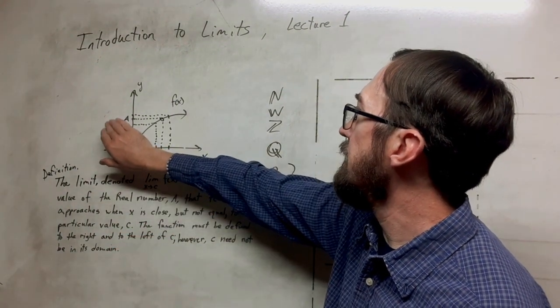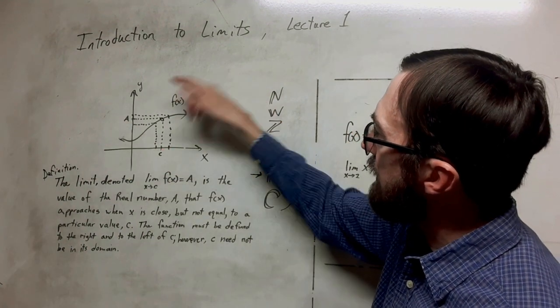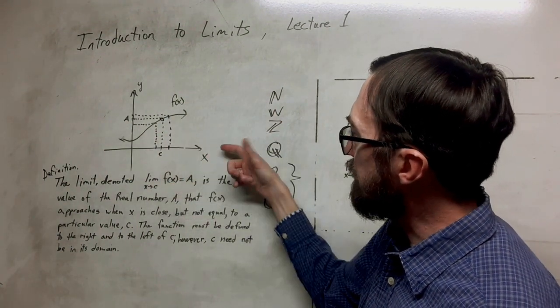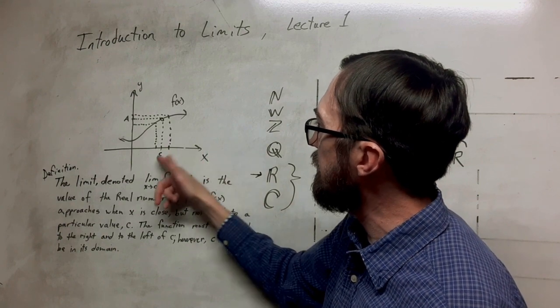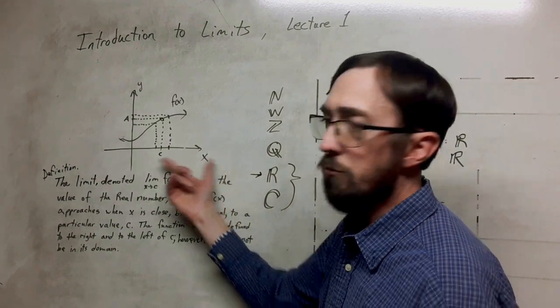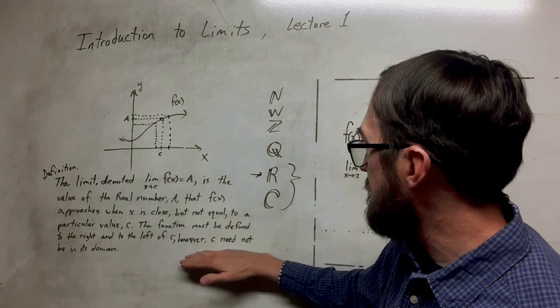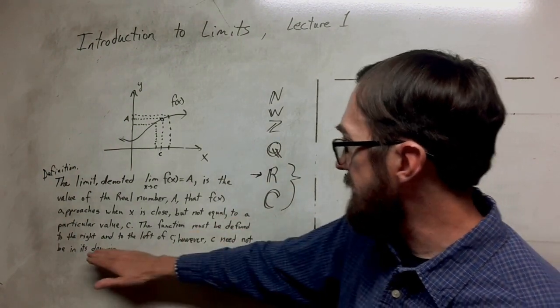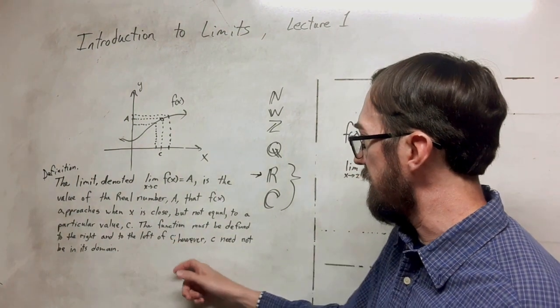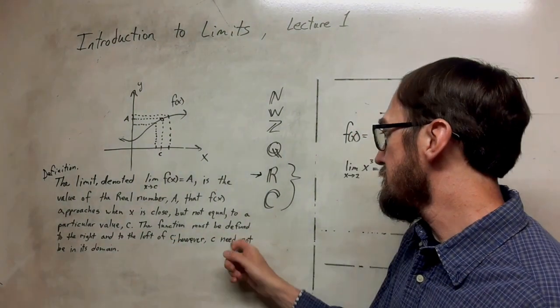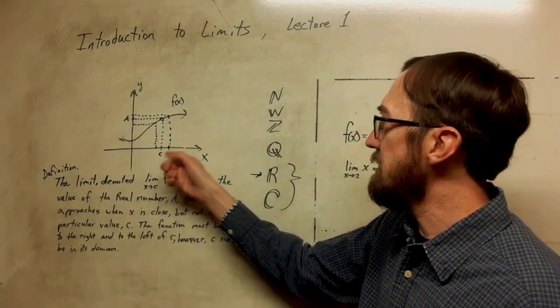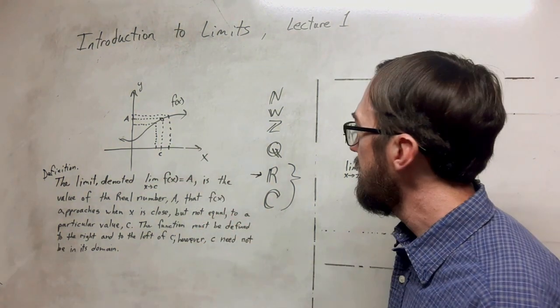This is my value a, which is the functional value of f of x that will be approached when we approach this value from the left or the right hand side here. So we see in the definition that the function has to be defined to the right and to the left of c. Also of note is that c doesn't actually have to be in the domain.